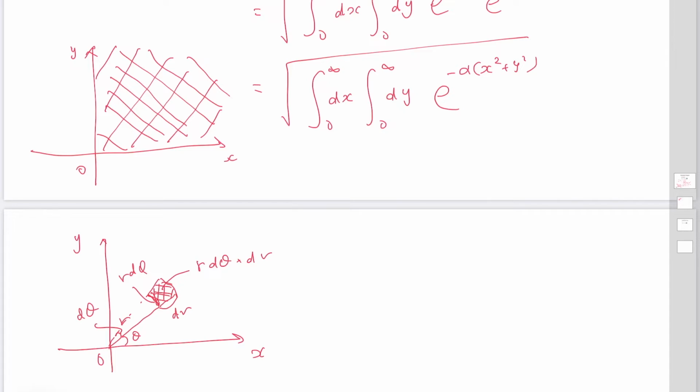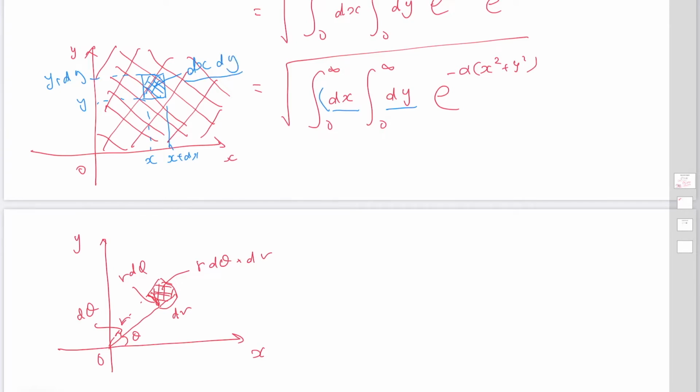In the case of the Cartesian coordinates, with dx and dy, this means we take x and y, so this region goes from x to x plus dx and from y to y plus dy. Considering this small area, the area of this small region is dx times dy.